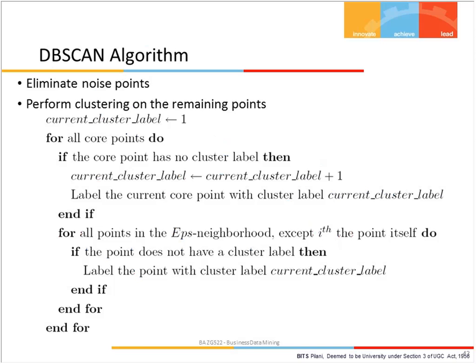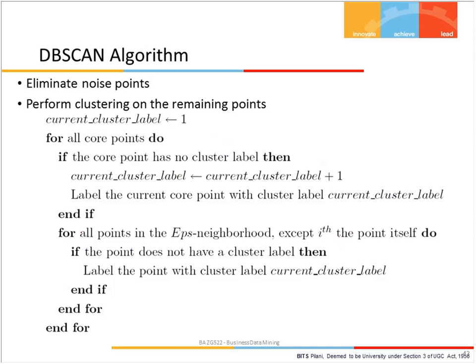Now let's look at DBSCAN, which is actually a simple, elegant algorithm. All that it is doing is, first you need to compute the distance from each point to each other point, so that you cannot avoid.